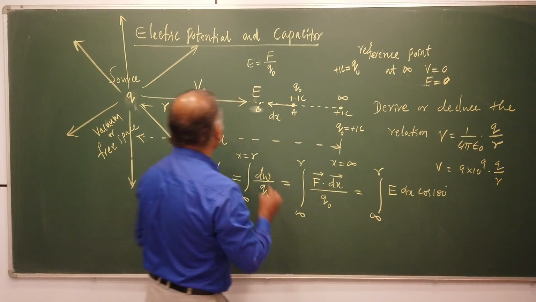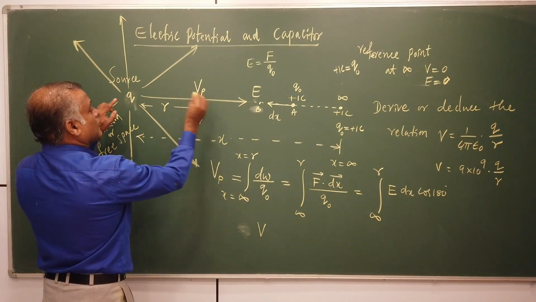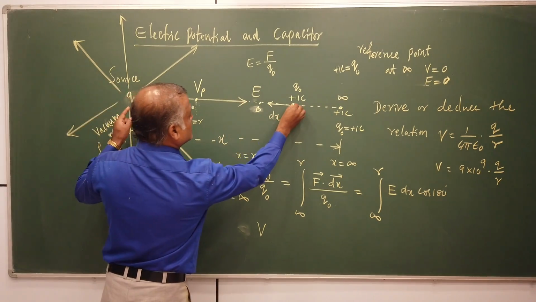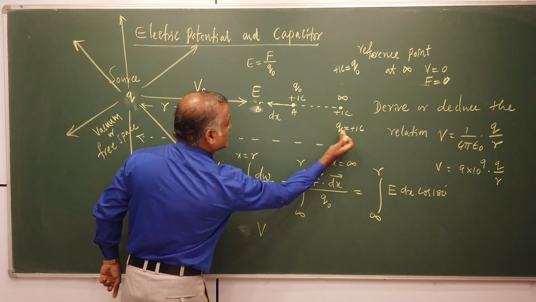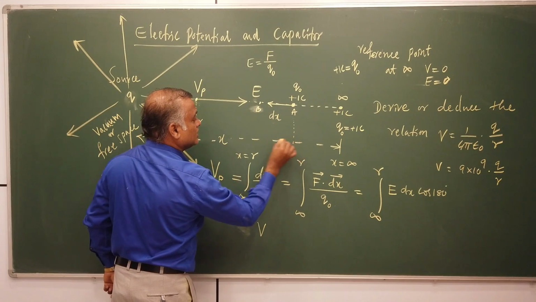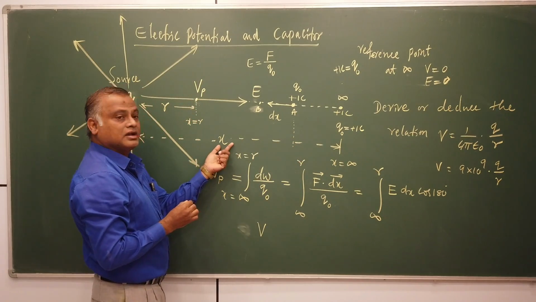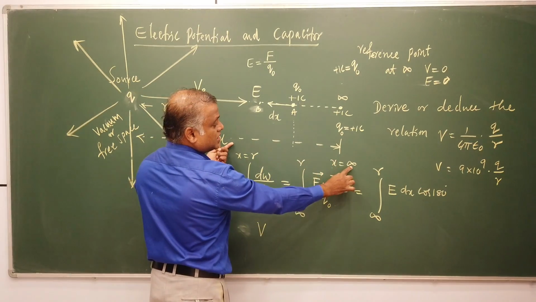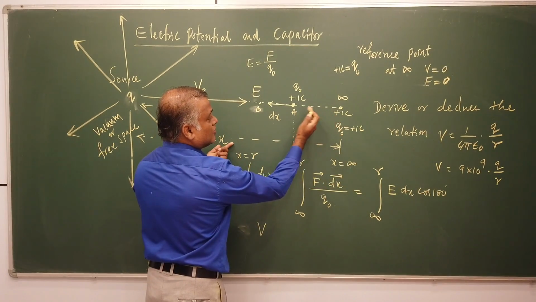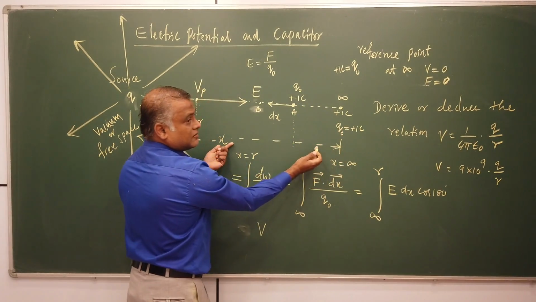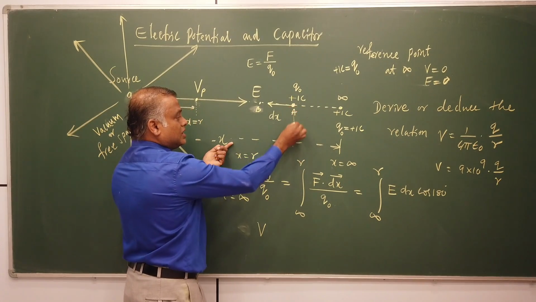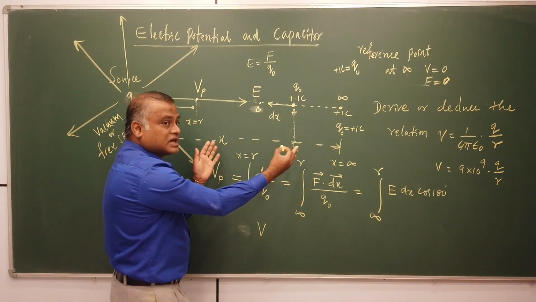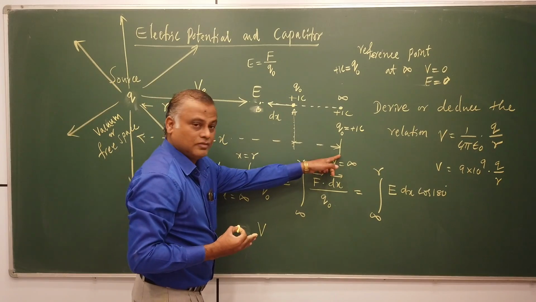What is the electric intensity at a point? At any point, as the charge is carried, x is varied from infinity and has reduced to some value, not infinity now.